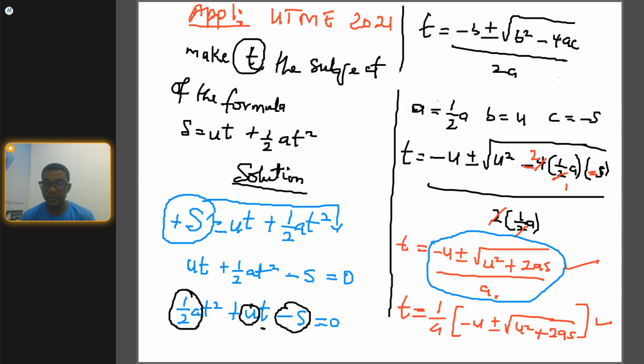Can we move on? All right, so we are going to take application 2. Permit me to clean the board. Please take note of this question. It comes out very well. You can go through your past questions. You keep seeing the question repeated and repeated, and they are not changing anything.